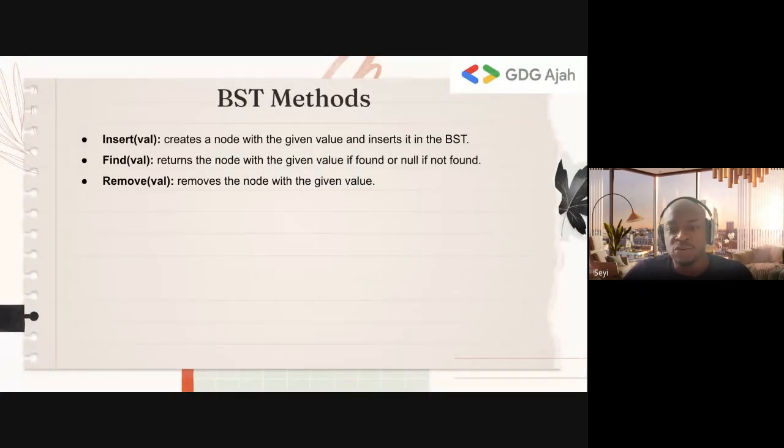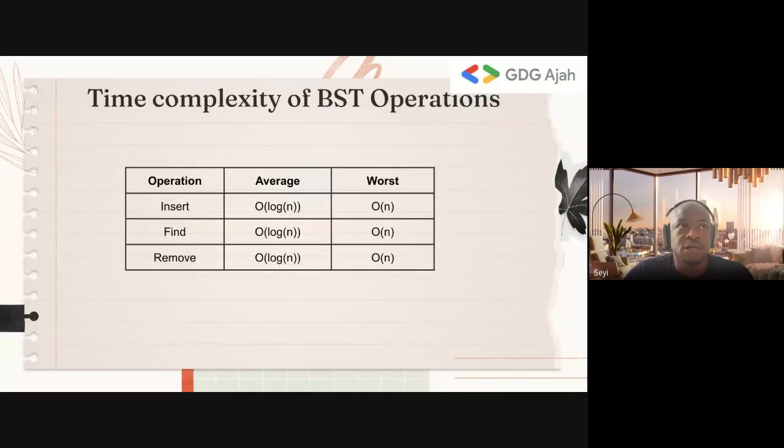These are the key values, and understand that they are logarithmic. Like I said earlier, insert is O of log n, find is log n, remove is log n. A cheat code you can know is that in a binary search tree, any operation is log n.